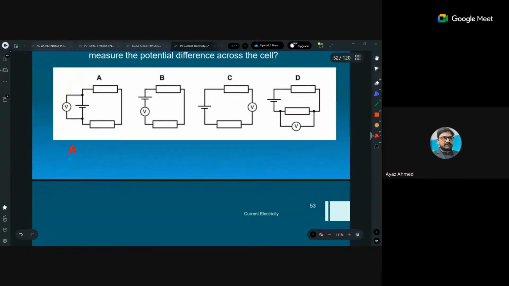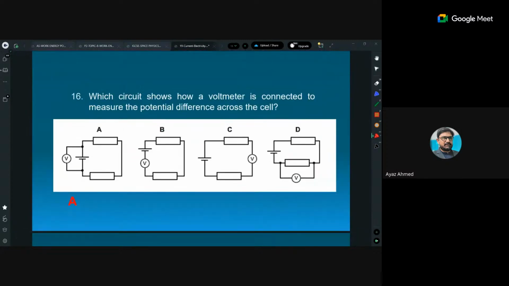Just see, yeah, here. अब ये देखो. कह रहा है कि which circuit shows the voltmeter is connected to measure the potential difference across the cell. Across the cell. ठीक है, तो सेल के अक्रॉस आपके पास कौन सा वोल्ट मीटर लगा हुआ है? ए वाला. गॉट इट? सर डी नहीं है. डी सेल के अक्रॉस नहीं है. डी इज अक्रॉस दिस रेजिस्टर.